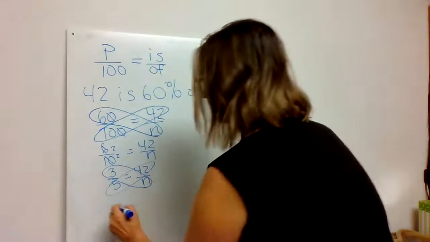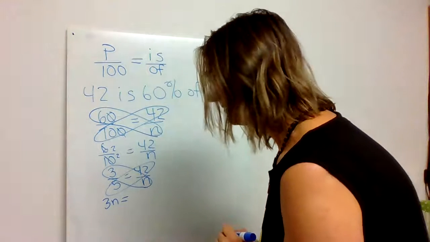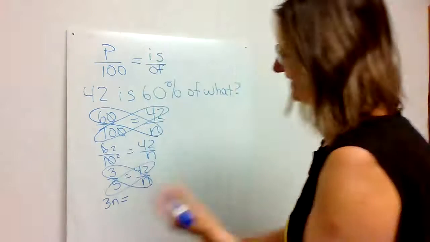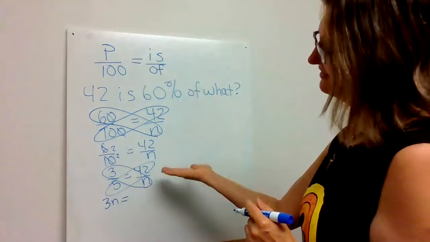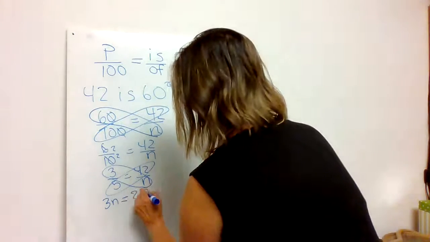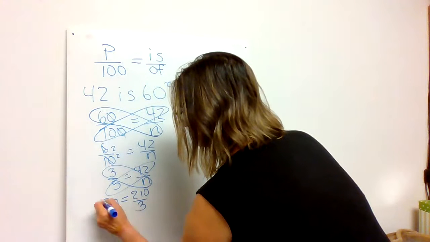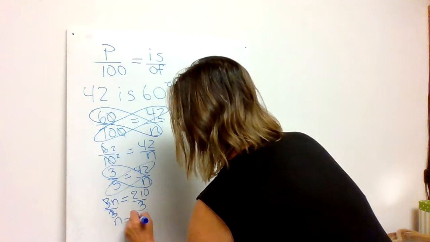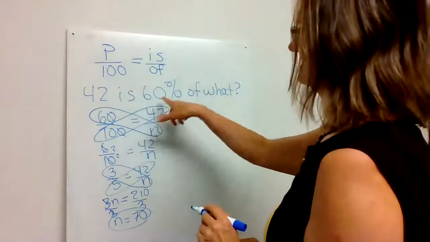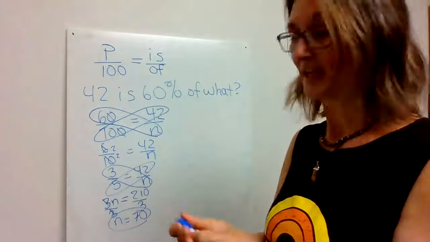You could punch those in your calculator, end up with 3n equals 42 times 5. That is 210. So then you could divide both sides by 3 to get n by itself, and you would get n equals 70. So you could fill in your 70. 42 is 60% of 70. And this is how you do a percent proportion.